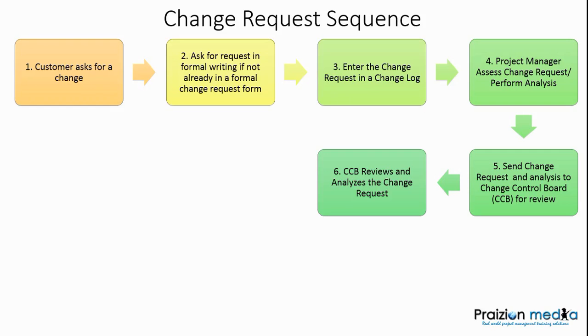And at the same time, don't forget, one of the inputs to performing integrated change control is called work performance reports, because the change control board may want to know what the current performance is before approving another request to go through the pipeline. Perhaps the team is not performing as well as they should.